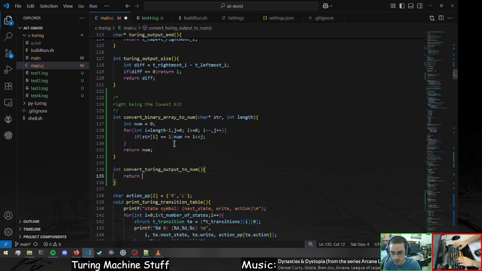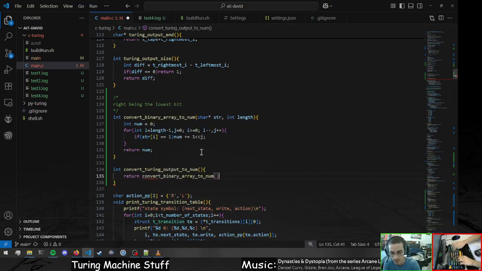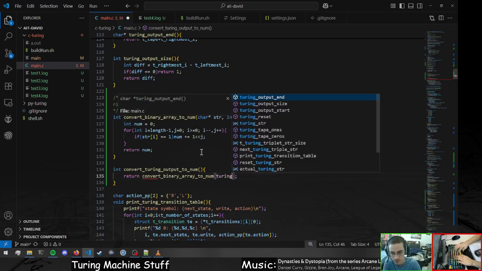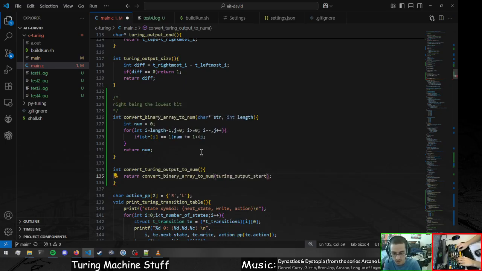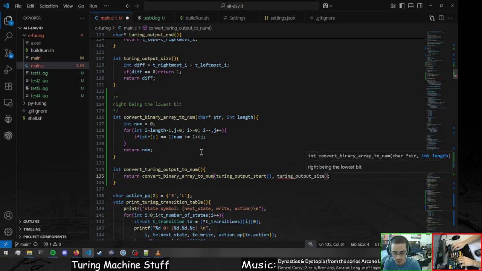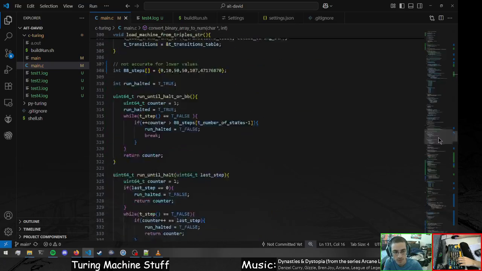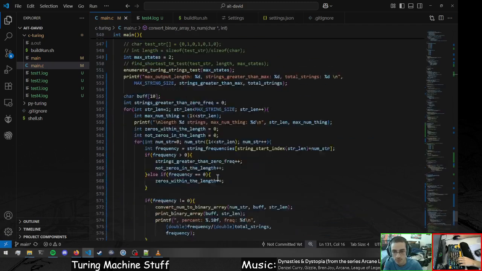Yeah, and that is gonna be a thing. So I'm gonna say convert binary array to num, and I'll say this, and this. So easy peasy lemon squeezy, we convert Turing output to a number. Easy.